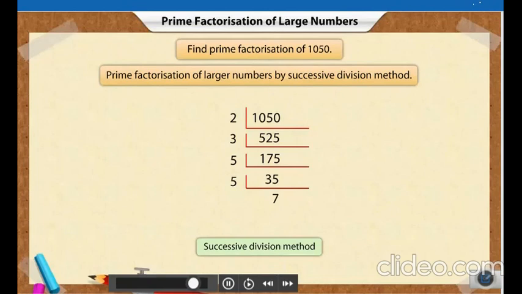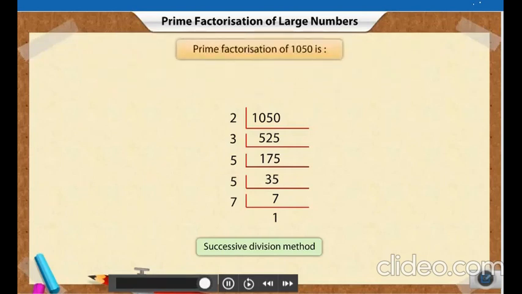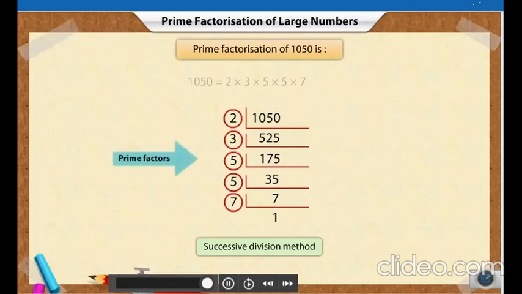Finally, find a prime number that divides the new quotient 7. 7 is the prime number that divides 7 one time. We know that 1 cannot be divided completely further by any prime number. We get the prime factorization of 1050 as 2 times 3 times 5 times 5 times 7.